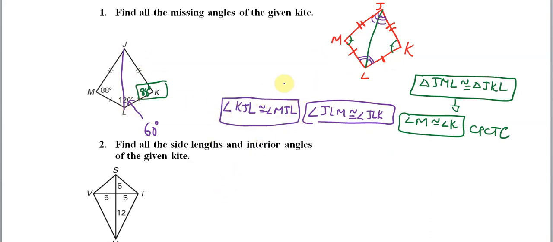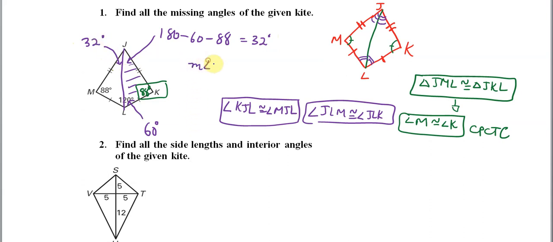So in our picture, if you look at this triangle here, you have an angle of 60, an angle of 88, and so the smaller angle up here must be 180 minus 60 minus 88 degrees, which turns out to be 32 degrees. And so the other angle on the other side of that must also be 32 degrees because they're congruent to each other.